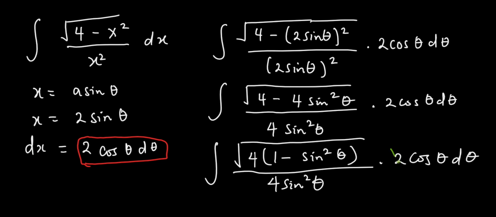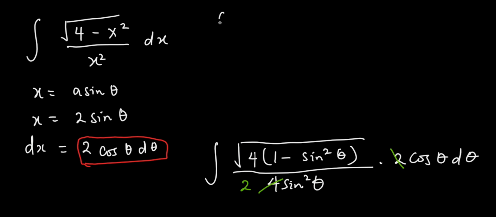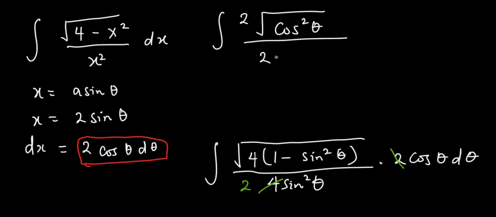So here 2 can cancel out through here. We have 2 cancel out here, and we have 2 left here. So we have the integral of the square root of 4, which is 2. The square root of 1 minus sine squared theta is the same thing as cos squared theta, over 2 sine squared theta, multiplied by cos theta d theta.